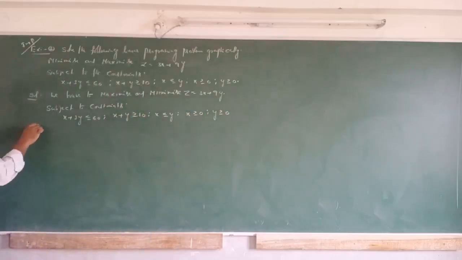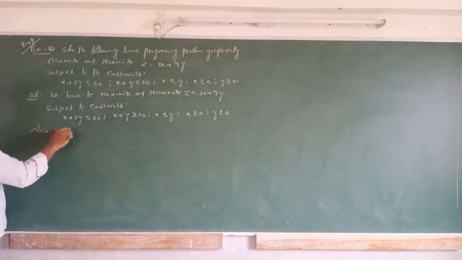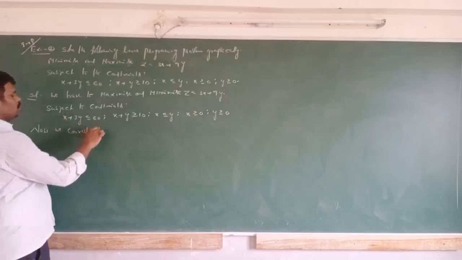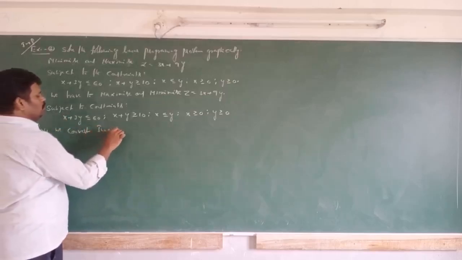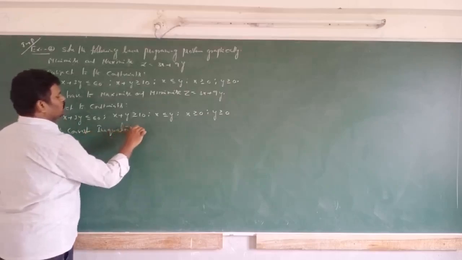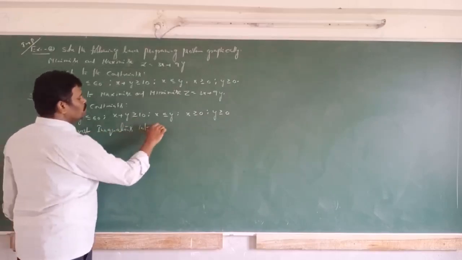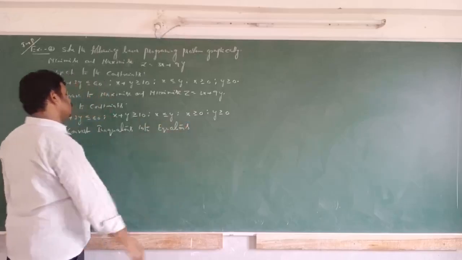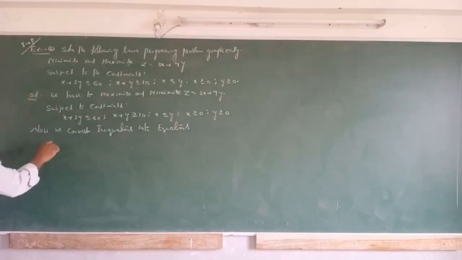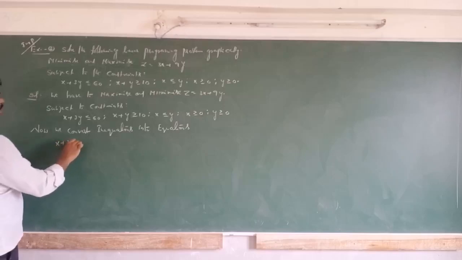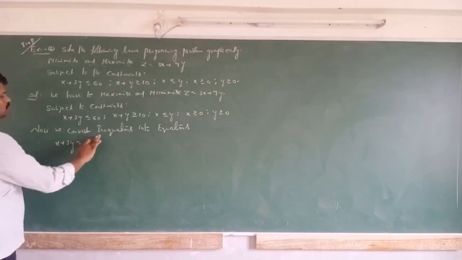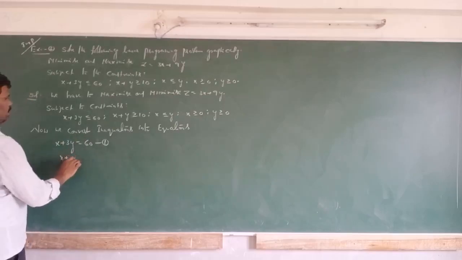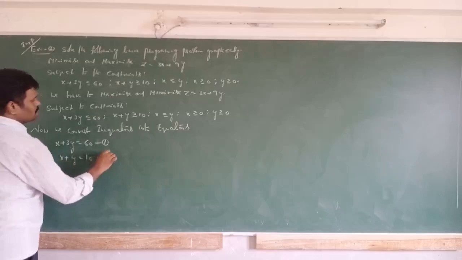Now we convert the inequations into equations. x plus 3y is equal to 60, so this is equation 1, and another one, x plus y is equal to 10, so this is equation 2.